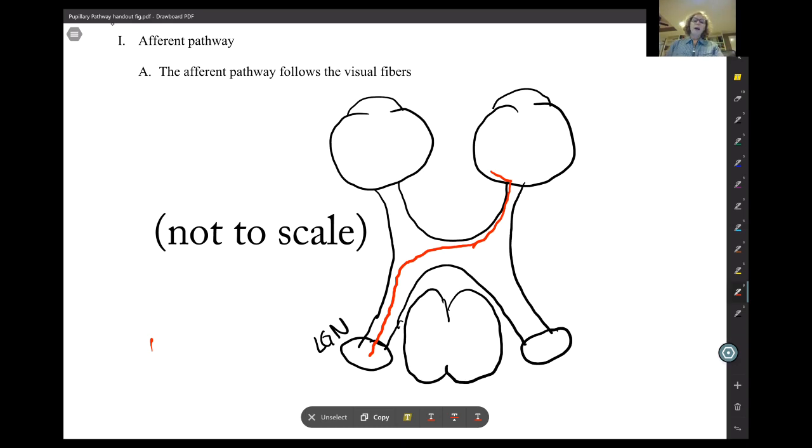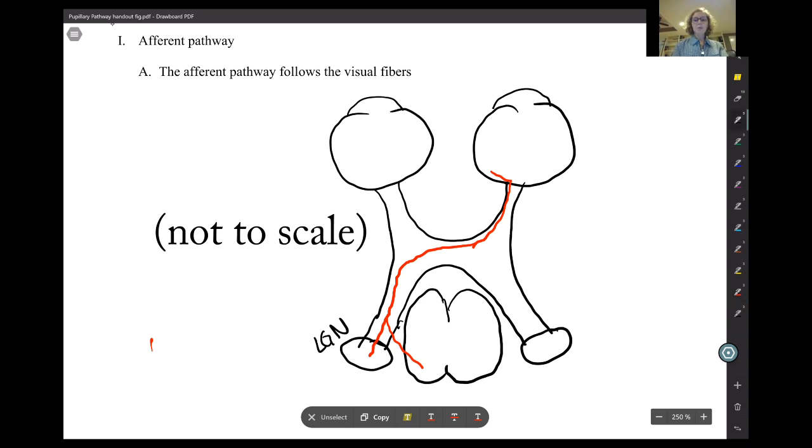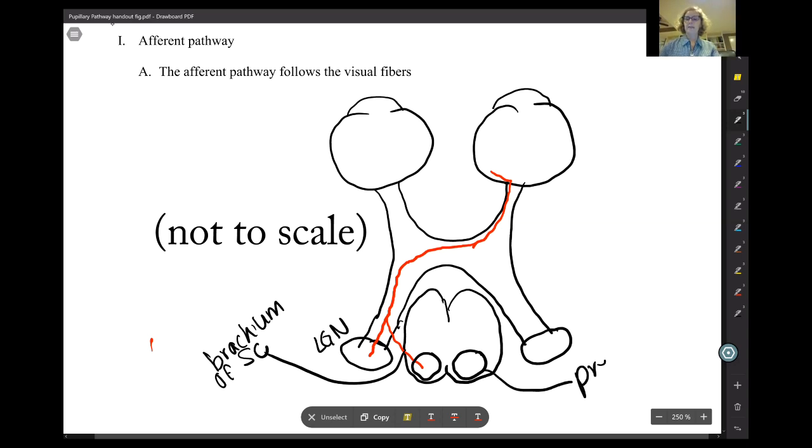But our pupillary fibers are actually going to take off about 2/3 of the way through the optic tract and go through what's called the brachium of the superior colliculus, and go to the pretectal nuclei.